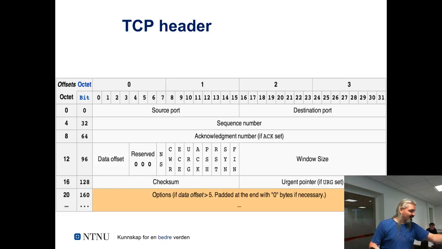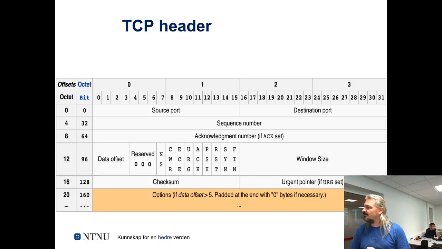So we've got another 20 bytes at the TCP, and with some options up to 160 bits, so 24 bytes, no, 20 bytes to here, and then some additional options bytes.